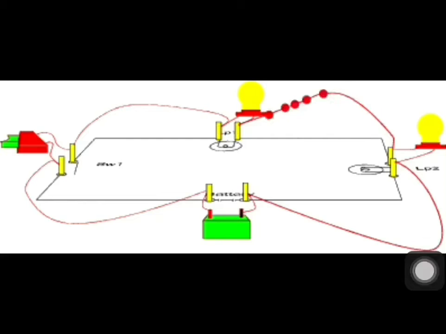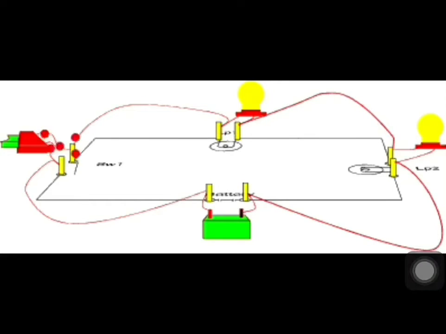Each resistor or load will experience a voltage drop. The applied voltage is equal to the sum of the voltage drops across the different parts of the circuit. Voltage drop is proportional to the resistance, current being the same throughout the circuit. When loads are connected in series, the loads will tend to have a common switch.